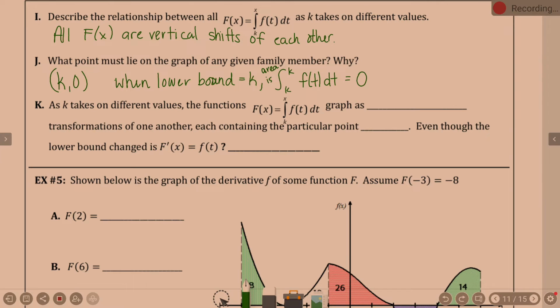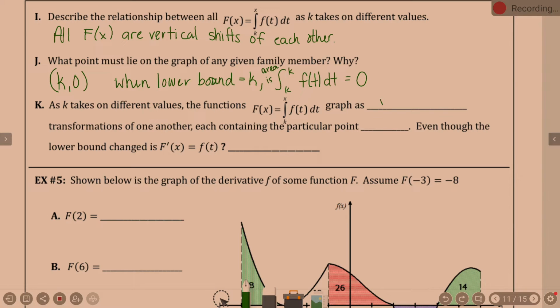And then part k. Again, I kind of already gave this away. As k takes on different values, the functions f of x equals the integral from k to x of f of t dt graph as blank transformations of one another. What type of transformations did we talk about?